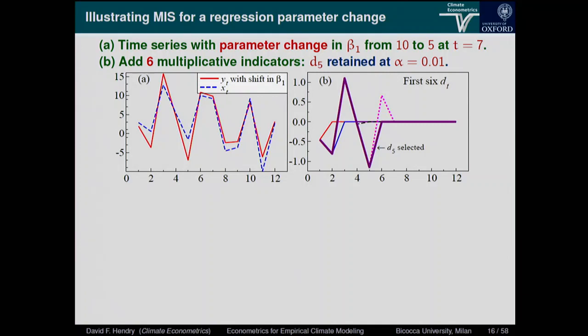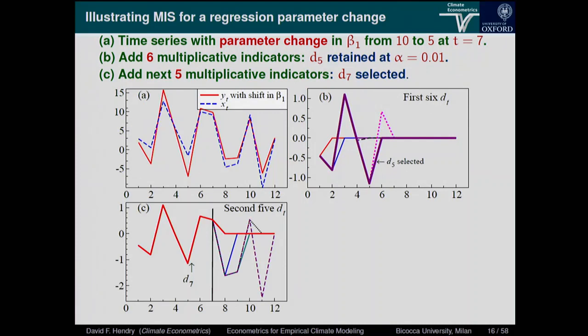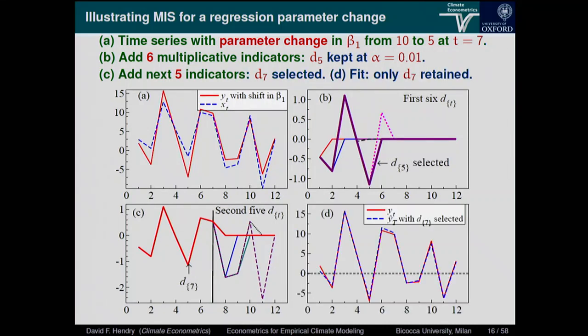So we record that, we drop the first 6, we put in the next 5, and now it picks up one at 7 and says, ooh, there's a shift at 7. So now you put them both in and you run the regression of y on the constant x, d5 and d7, and the only one it keeps is d7, because d5 just happens to pick up the fact that later data aren't consistent with the earlier, and that the biggest discrepancy is at observation 5.